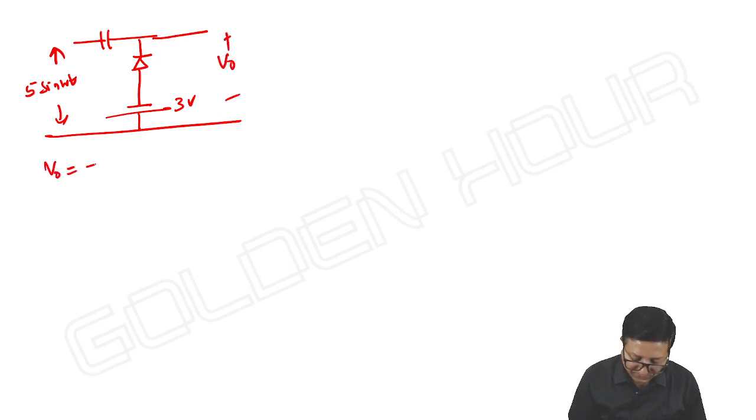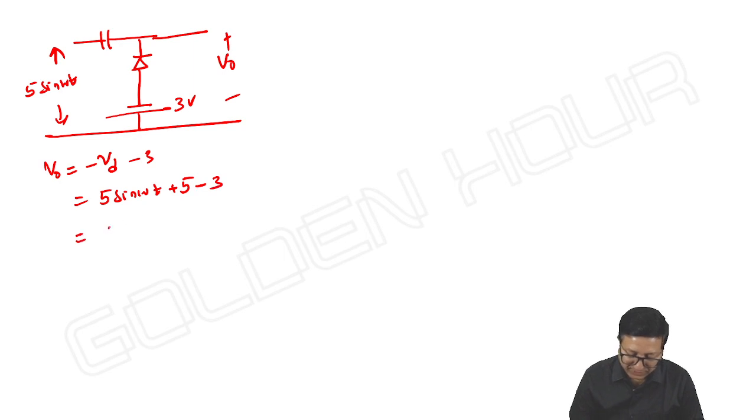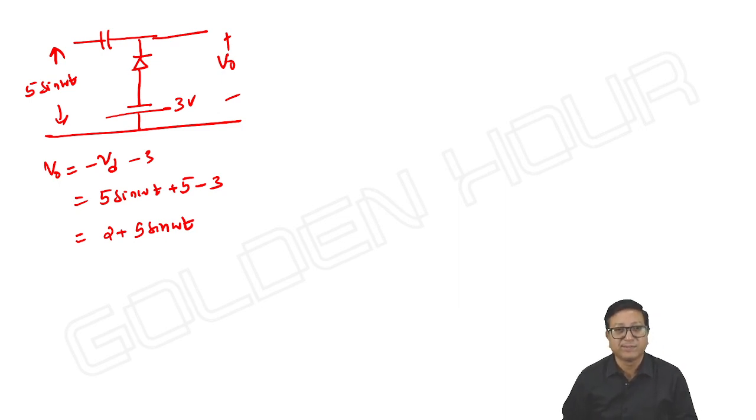V output is equal to minus Vd minus 3. Minus Vd value is positive, means Vd is negative. Okay, that's what you should think of. 5 sin omega t plus 5 minus 3. Ultimately, what we get? 2 plus 5 sin omega t. That's it.